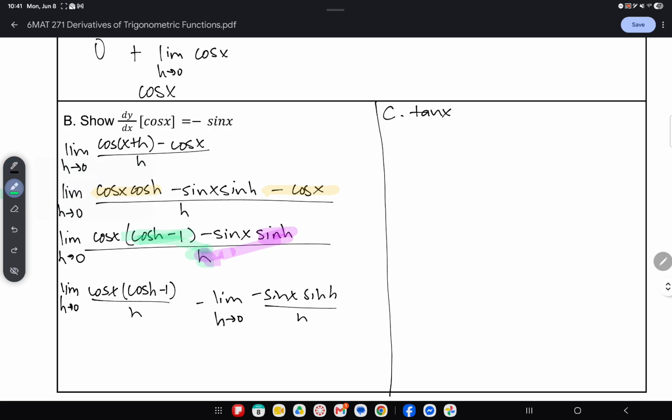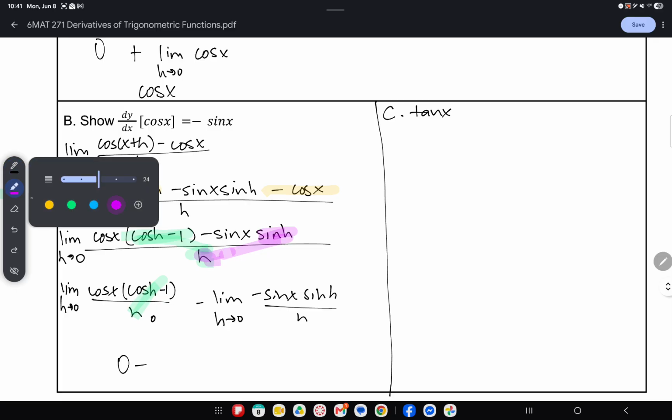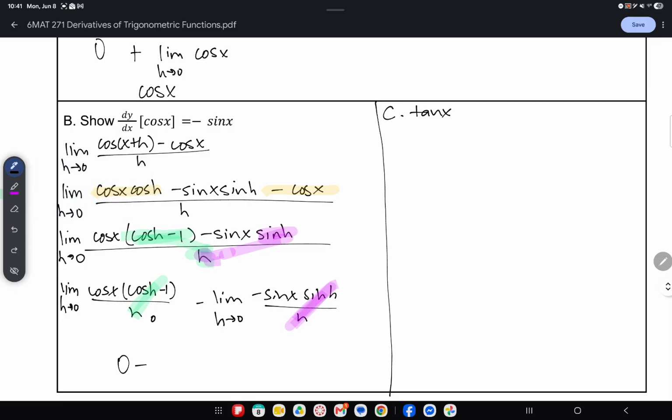This one goes to 0, so I'm left with 0. And then this one goes to 1. And I have the negative here twice, so I'm left with sine of x. And 0 minus sine of x is negative sine of x.